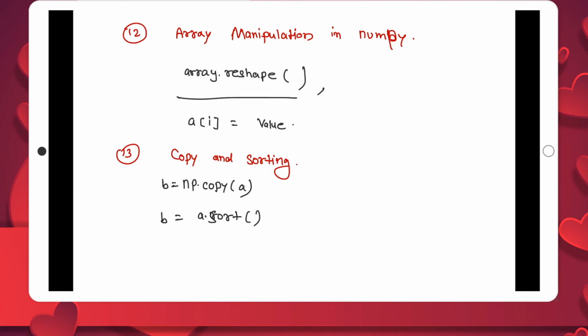Now let's go ahead and see how you can do array manipulation. Let me add a few more points here in the array manipulation. Like if you want to add two arrays together, then you can do np.append. All right. So there A and B will be appended. Those items will be appended together.